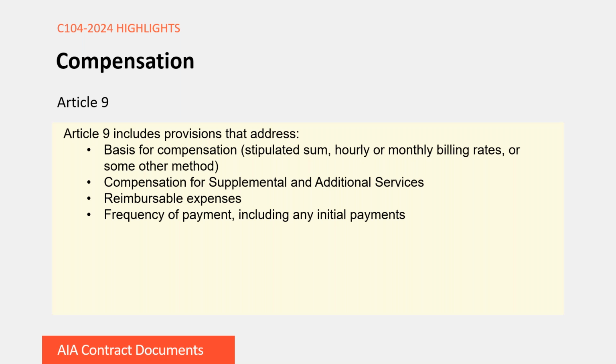When I reflect on the work that took place to draft and finalize this new owner's representative agreement, there were really a couple of key things that guided us. One, we found that the role of the owner's representative on a project can really take so many different forms.